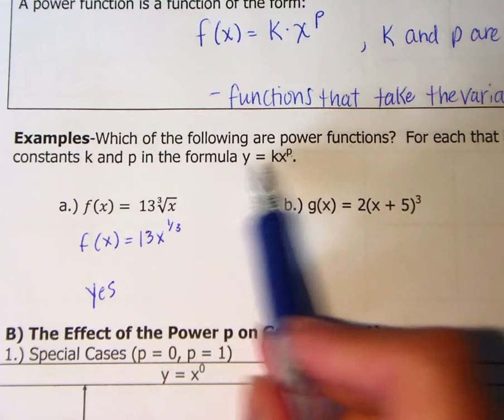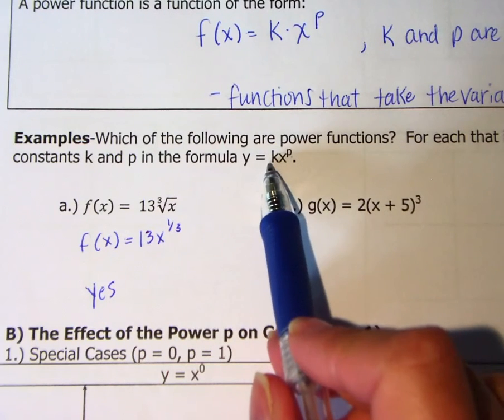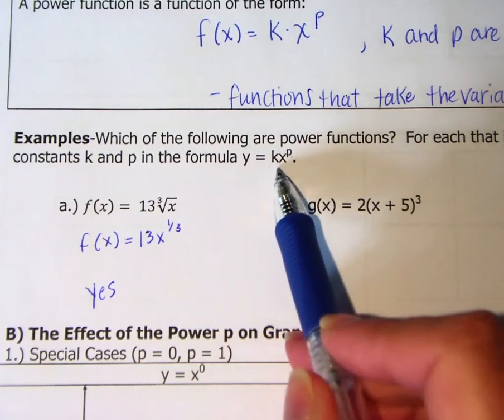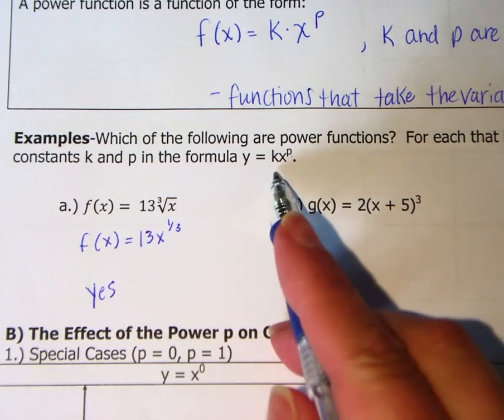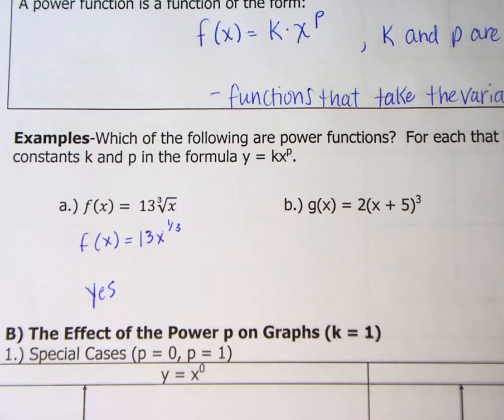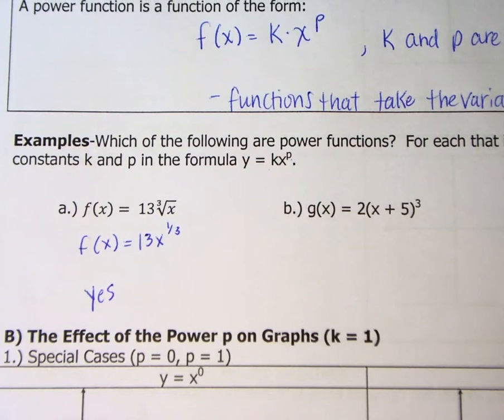We have to be able to write it in this form where you have just a constant times x to the p, or to a power. Can I somehow rewrite that in this form? You can't distribute it. Is the answer no? The answer is no.